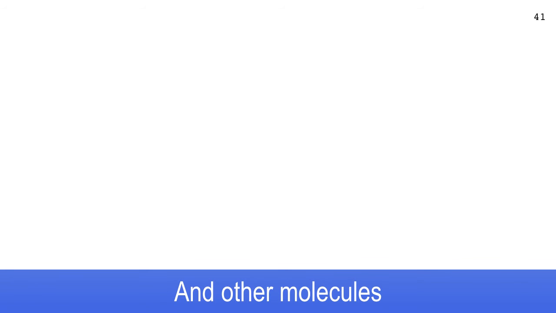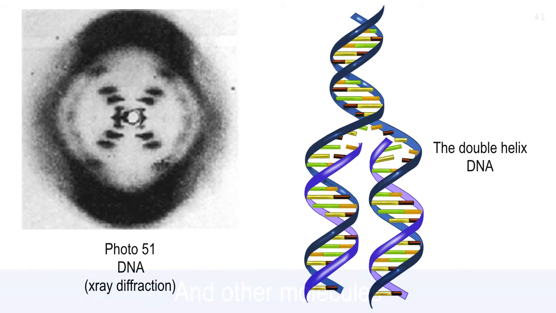And we've mentioned other molecules through the semester. For instance, DNA. Now over here, you might want to make a note of this one. Photo 51, this is the famous photo that was, it's an X-ray diffraction image. Okay, so it was taken on film using X-rays, so X-ray film.